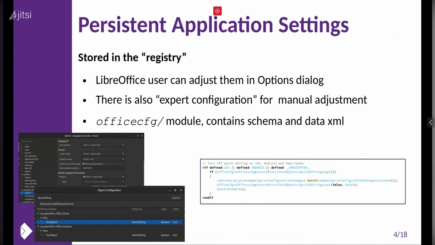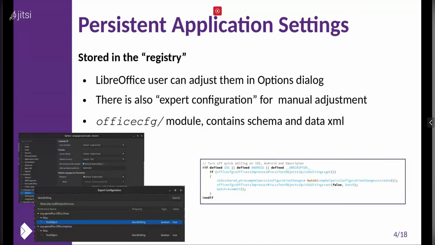For example, like on this picture, I have the language settings for the user, and also we have the expert configuration dialog. I think it's under the advanced section, and it provides some editor where we can manually change different settings, which are maybe not accessible using the UI.